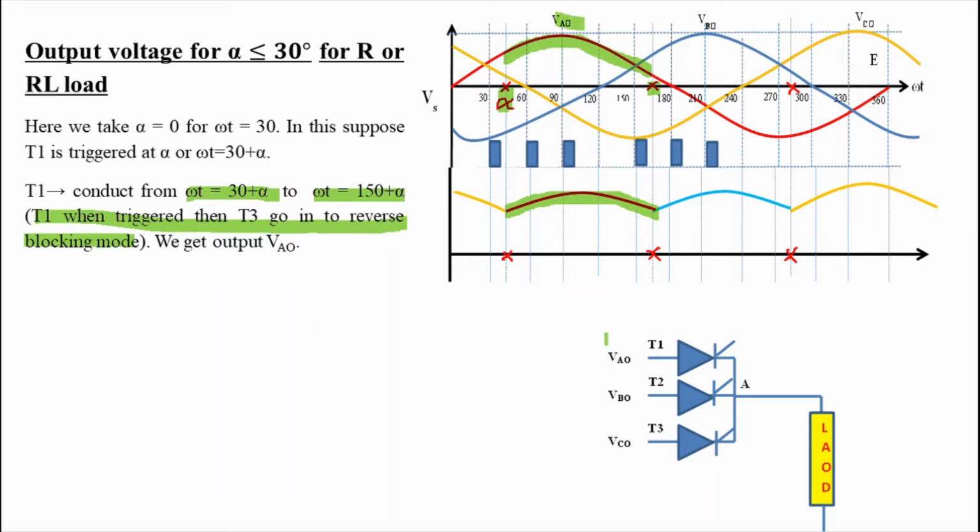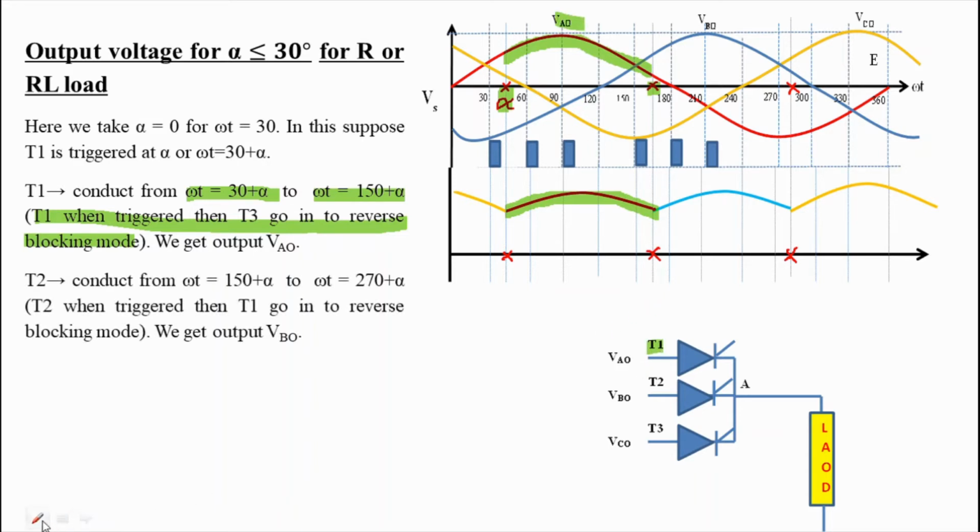Now suppose thyristor T2 is triggered. It will conduct from omega t equals 150 plus alpha to omega t equals 270 plus alpha, for a period of 120 degree only. And when T2 is triggered, then T1, which was already conducting, will go into reverse blocking mode.